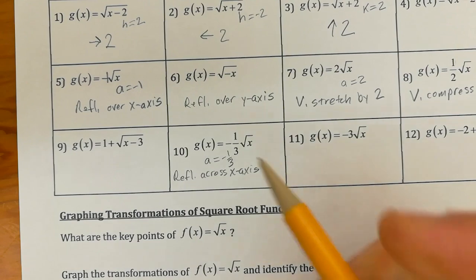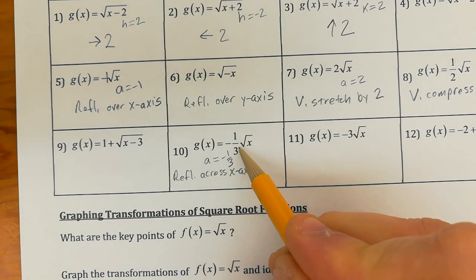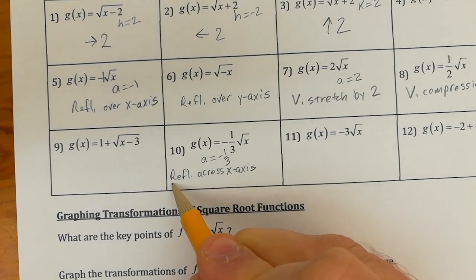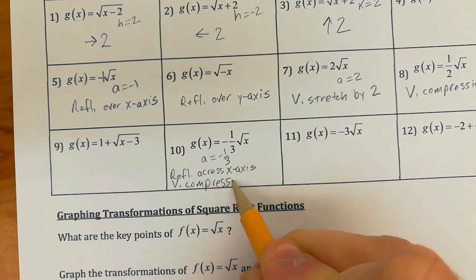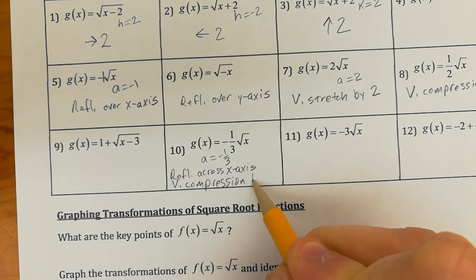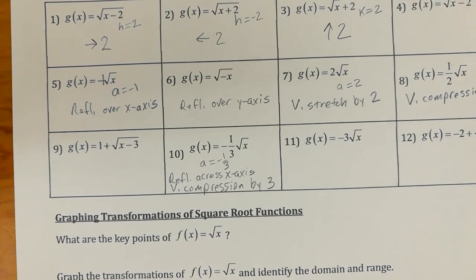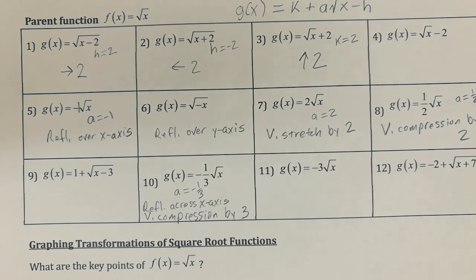And then we also have a number that, if we ignore the negative, is less than 1. That means we have a vertical compression by the reciprocal, which is 3. All right, why don't you pause this video and do the remaining problems that I skipped, and check back here for the answer.